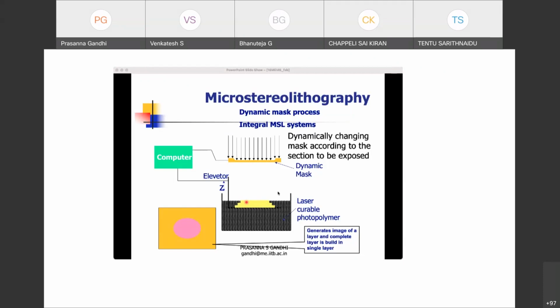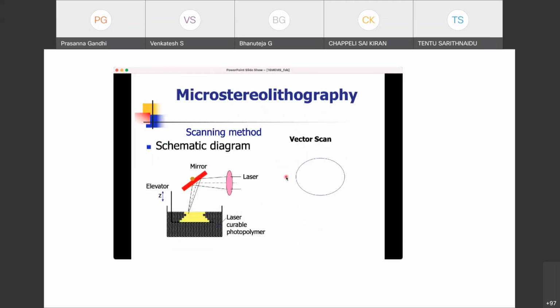Then there are other processes by which we can carry this out. It's called a scanning process. What you do is take a laser and a mirror and scan the laser beam, focused on the surface of a photoresist, and this vector scan once will produce one layer.